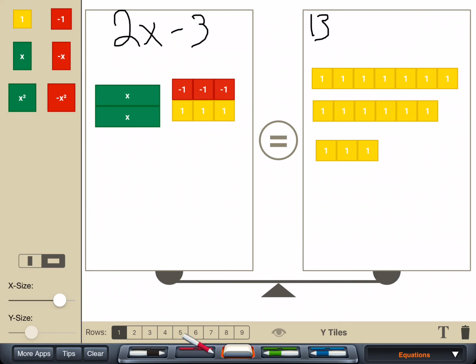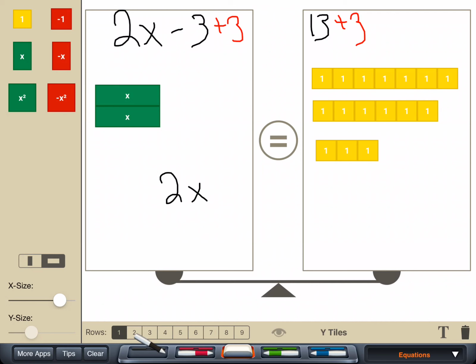So we're going to add 3 and add 3. Okay? But the subtraction of 3 and the addition of 3 cancel each other out, as we can see as the zero pairs go away. So what I'm left with is 2x equals 13 plus 3 is 16, and I have 16 tiles here, so that's great.